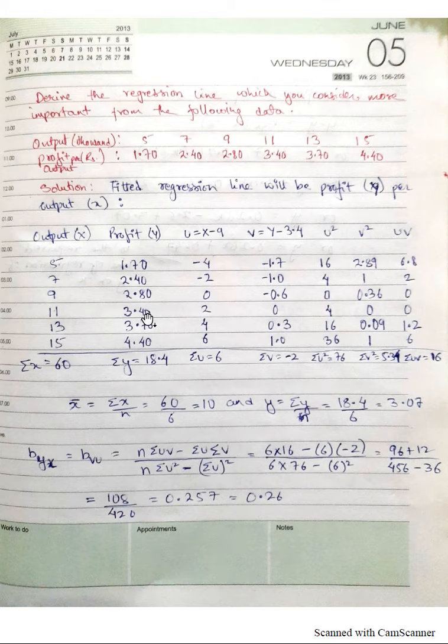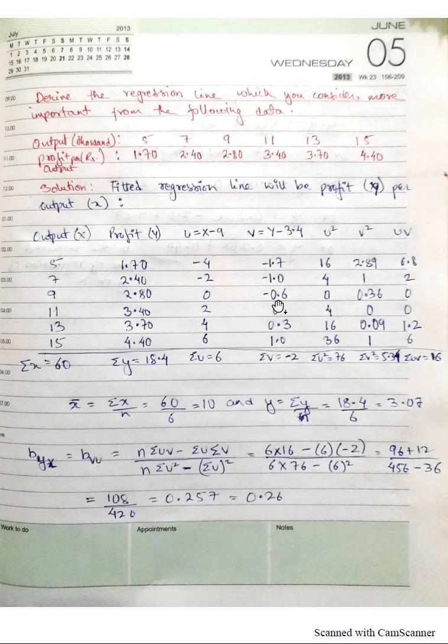But if I take this as the middle value, or b, this will also be 0 and this is already 0, so it makes our calculation a little easier. So we are taking 3.40 as our b.